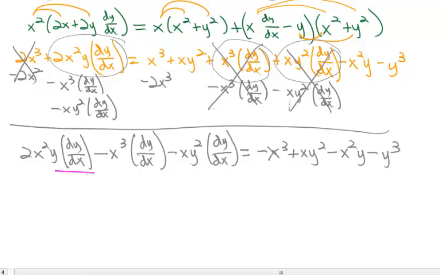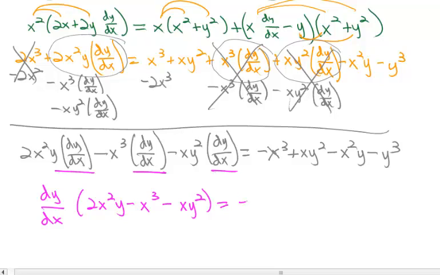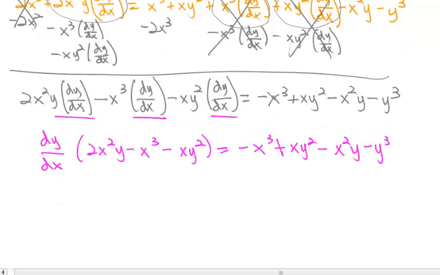And we now know that our next step is to factor out the dy dx. We don't care how ugly it is. dy dx times 2x squared y minus x cubed minus xy squared is equal to negative x cubed plus xy squared minus x squared y minus y cubed. And one last step to finish it out.